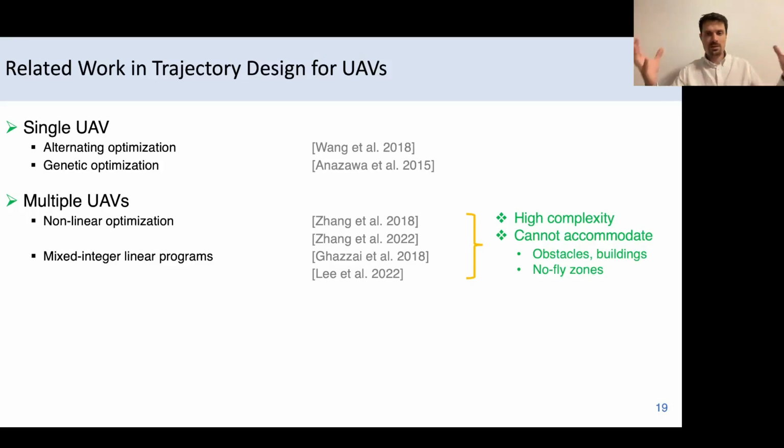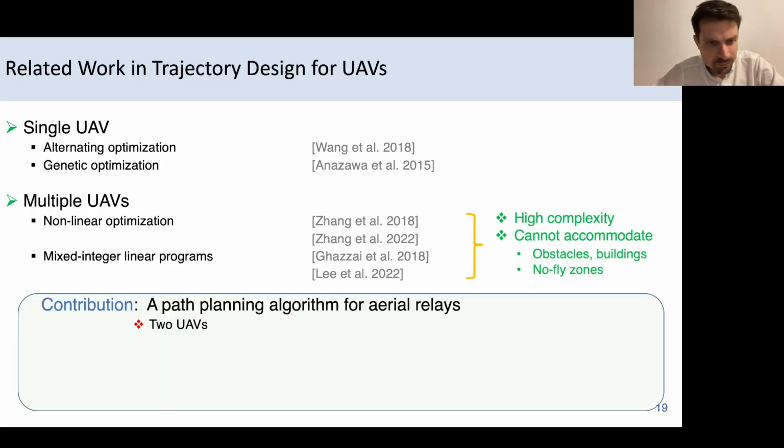So they need the volume where they work to be empty, and that doesn't really work, or it's not really useful in practice. So the contribution of this work is a path planning algorithm for 2 aerial relays.